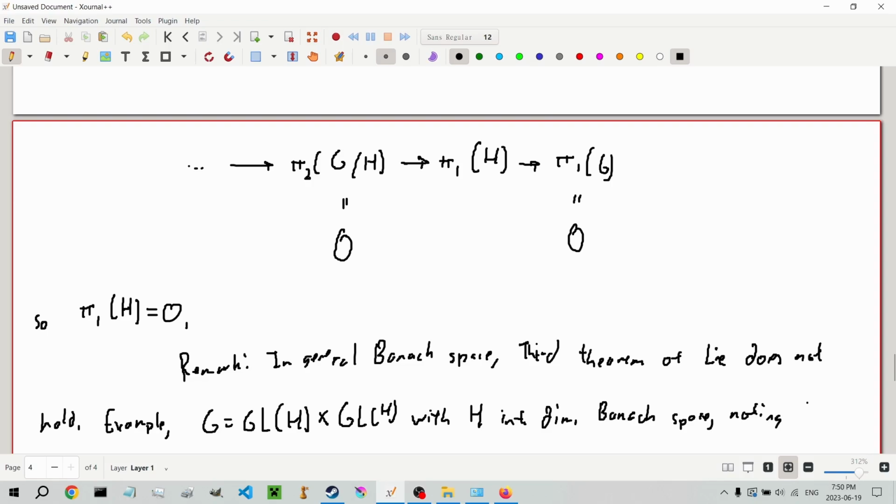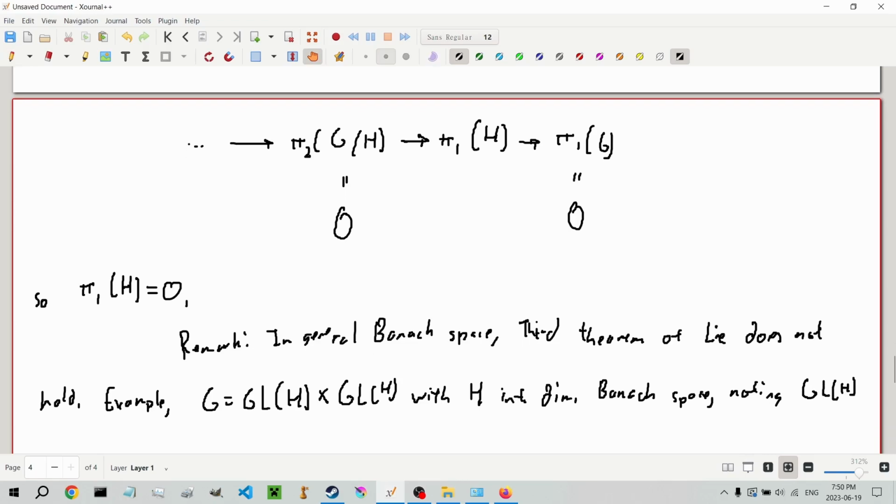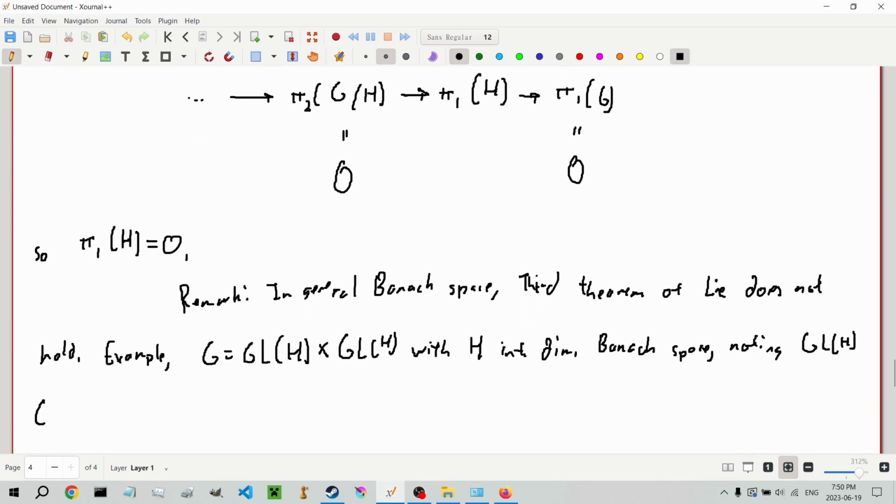Noting that we already know that GL of H is both connected and simply connected.